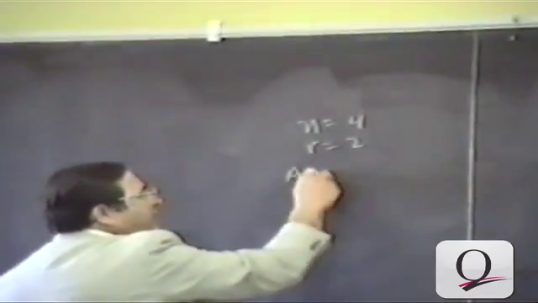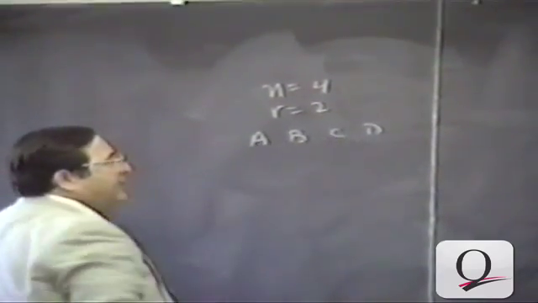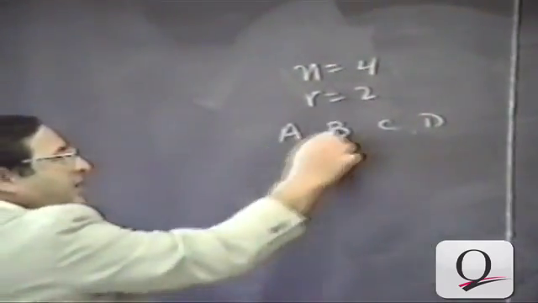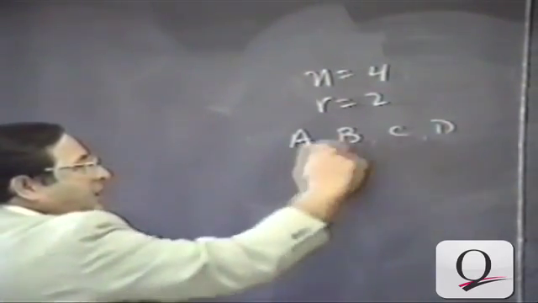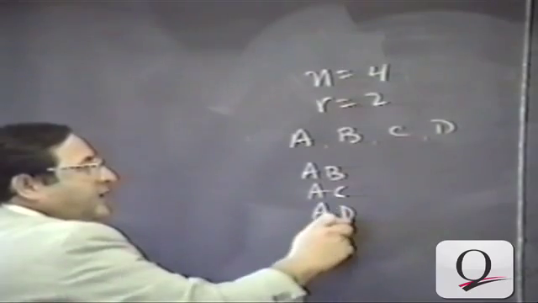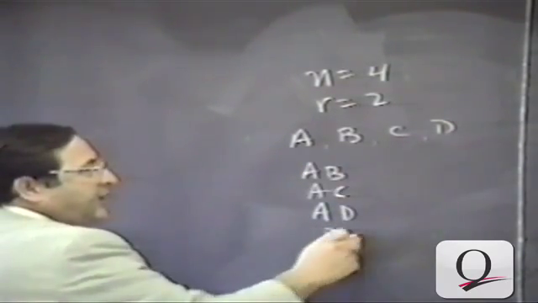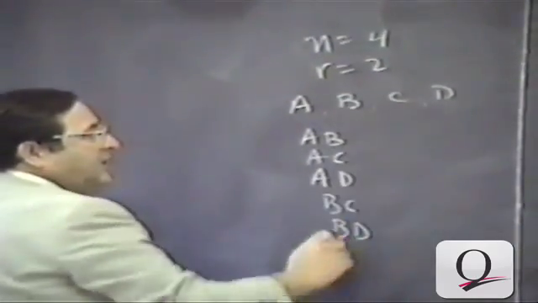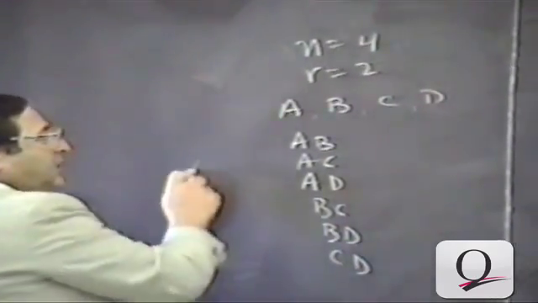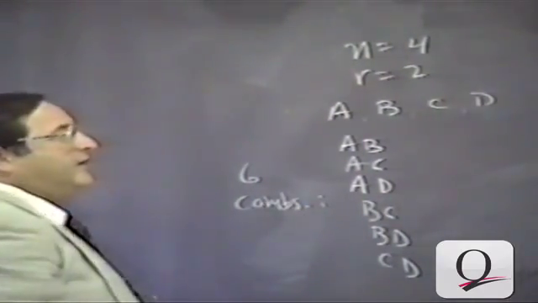Let's say the objects are A, B, C, D. 2 at a time. So I could pick A with B, and A with C, and A with D. And since this is a combination, I don't permute these. This is all I have. Then I could take B with C, B with D, and finally C with D. I have 6 combinations.